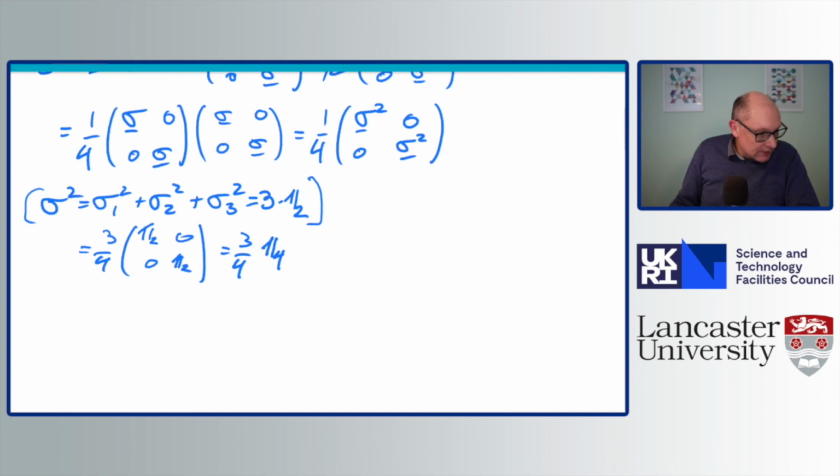Now, therefore, for particles at rest, p equals 0, the top two components of psi plus describe fermions with S z projection equal to a half, that is called spin up, and S z equal to minus a half, which is called spin down.